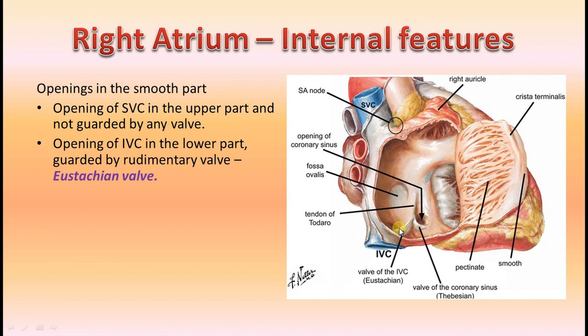If you look at the Eustachian valve, it has a left horn and a right horn. The left horn is continuous with the limbus fossa ovalis. I will come to the limbus fossa ovalis in the interatrial septum. This is the interatrial septum part.